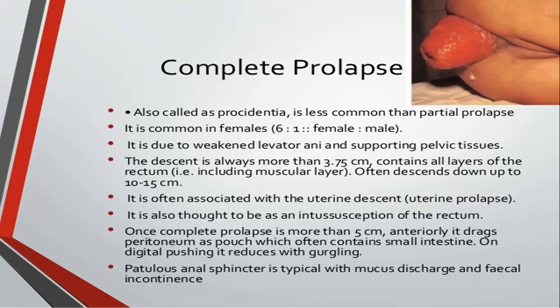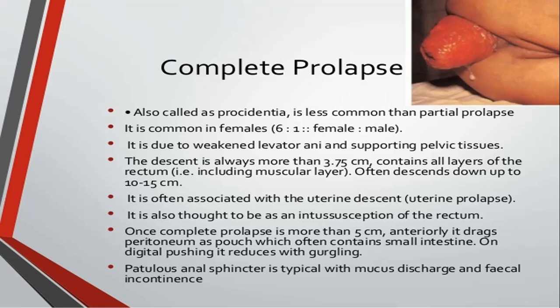It is always more than 3.7 to 4 centimeter, more than 2 finger breadths, and involves all layers of the rectum, including the muscular layer. If you're talking about the whole rectum length, it can descend up to 10 to 15 centimeter from the anal area.